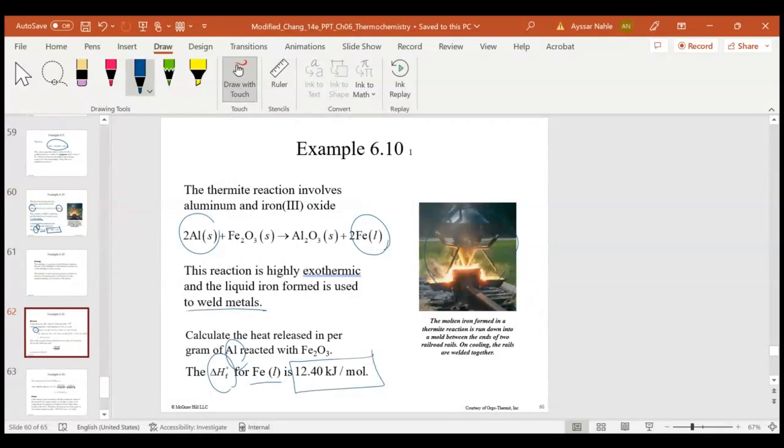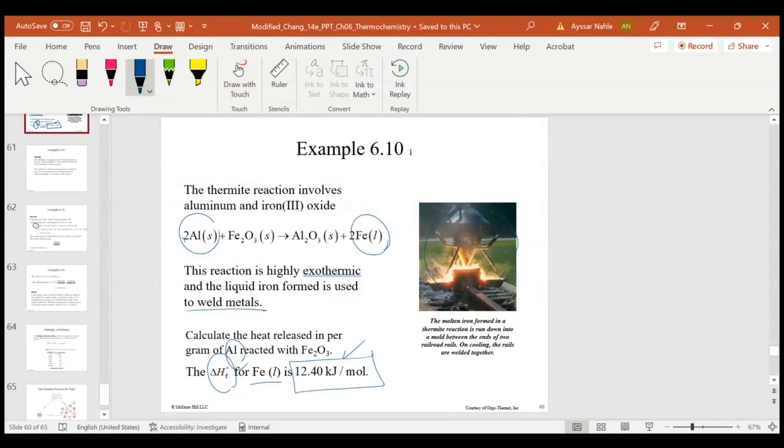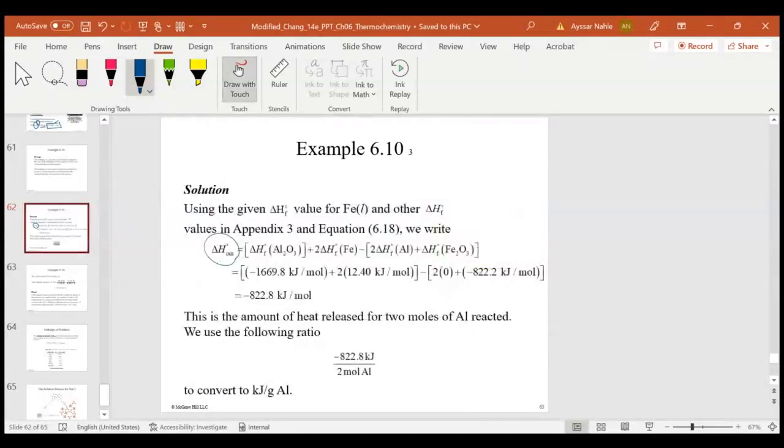But again, what you do in here, you will go as 1 multiplied by delta H not formation of Al2O3, which should be given to us, plus 2 multiplied by delta H not formation of Fe liquid, minus 2 multiplied by delta H not formation of Al solid, which is 0, minus 1 multiplied by delta H not formation of Fe2O3. Now it also should be given to us. So that's what we got.